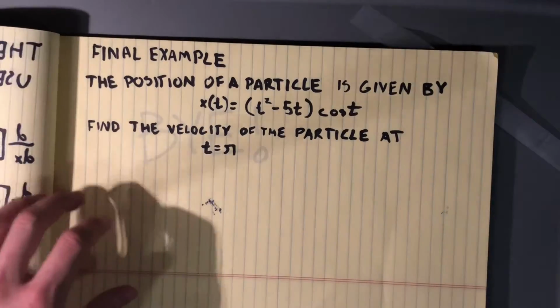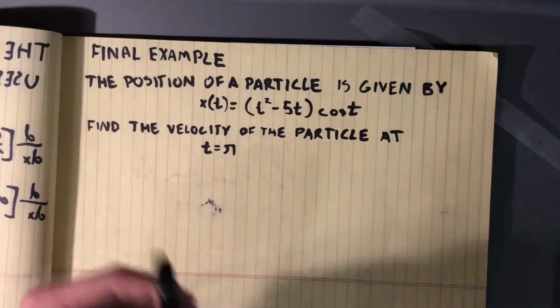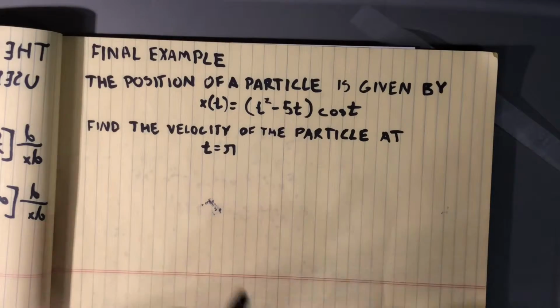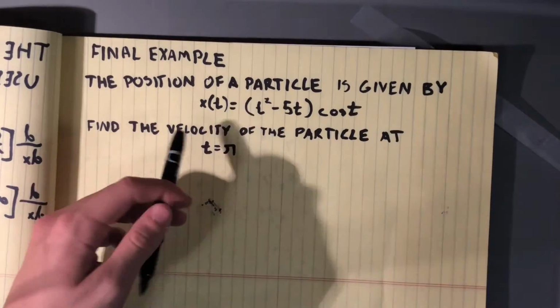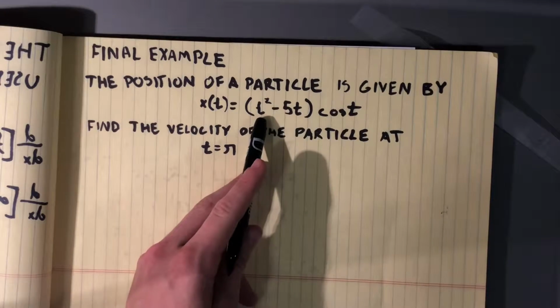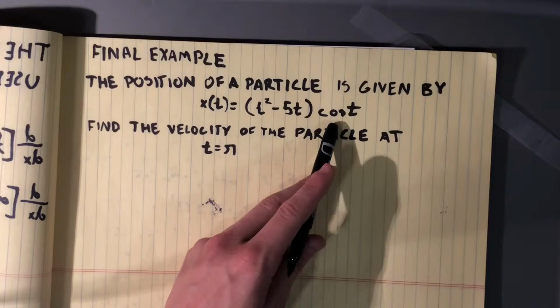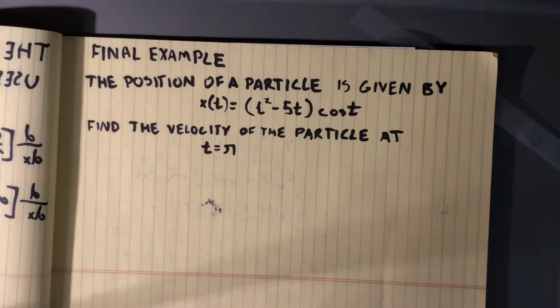So the final example. The position of a particle is given by the function x of t equals the quantity t squared minus 5t multiplied by cosine t.